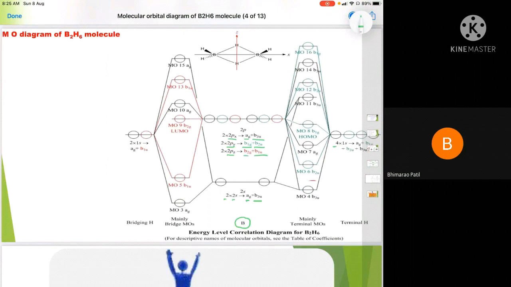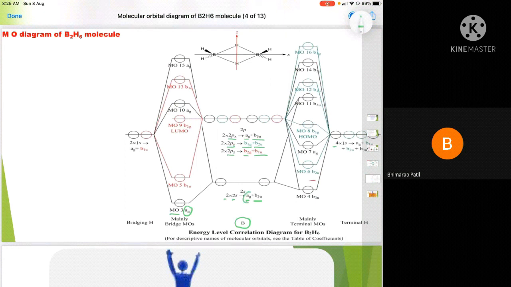Then these hybrid orbitals of the boron combine with hybrid orbitals of the terminal hydrogen atoms as well as the bridging hydrogen atoms. How will that be combined? You see here the molecular orbital number 3, that is Ag. How is that molecular orbital formed?